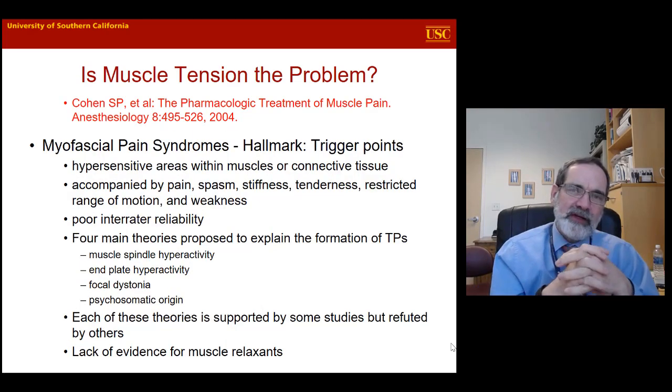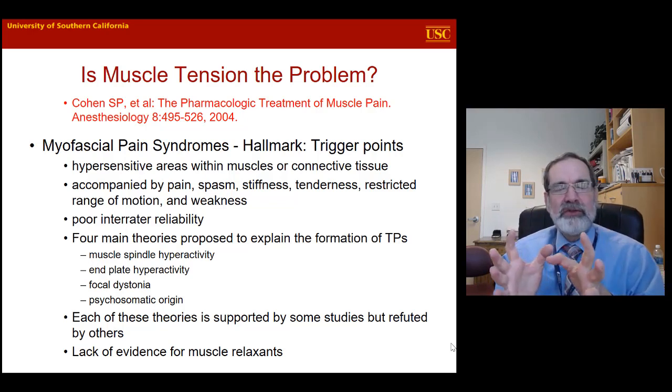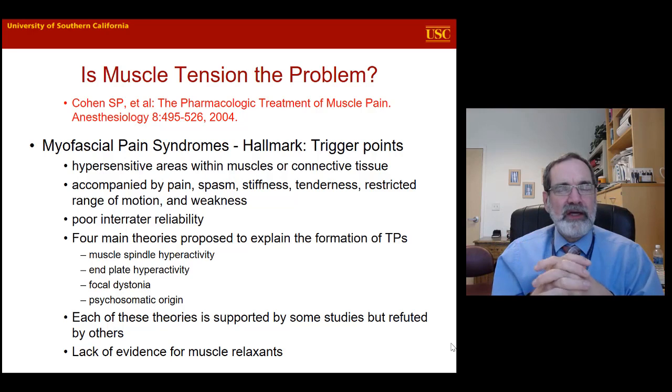What about myofascial pain syndromes? So in myofascial pain syndromes, we're talking about patients that on examination reveal trigger points. A trigger point is a hypersensitive area within the muscle or the surrounding tissue. And that area is typically painful.